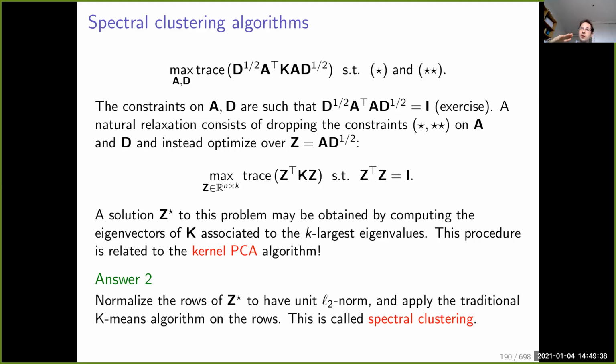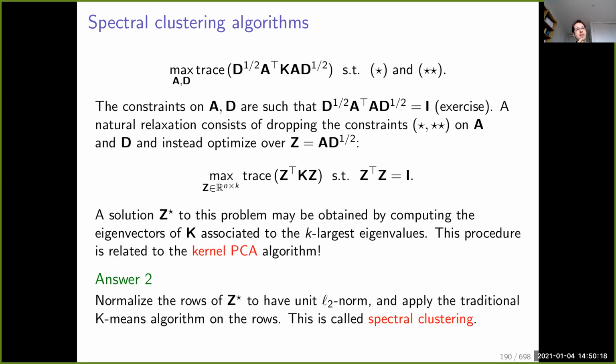A row of Z star is a vector of dimension k, which corresponds to the projection of the data point onto the k principal directions. This can be seen as a representation of the data in a Euclidean space, such that we can consider these representations of the data points, possibly normalize them, and apply the traditional k-means algorithm on the rows. And this is also called spectral clustering. It's actually more popular to do this approach.